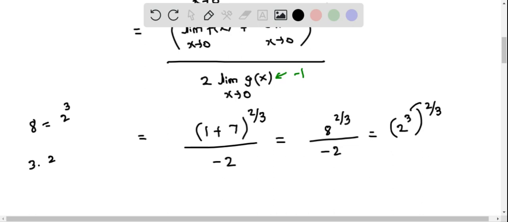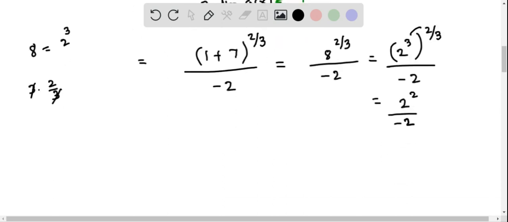So 3 times 2 thirds, we can cancel the 3, is just 2. So this becomes 2 raised to the power of 2 divided by negative 2. 2 to the power 2 is 4. So we will have 4 divided by negative 2, and this gives negative 2. So the value of this limit is negative 2.